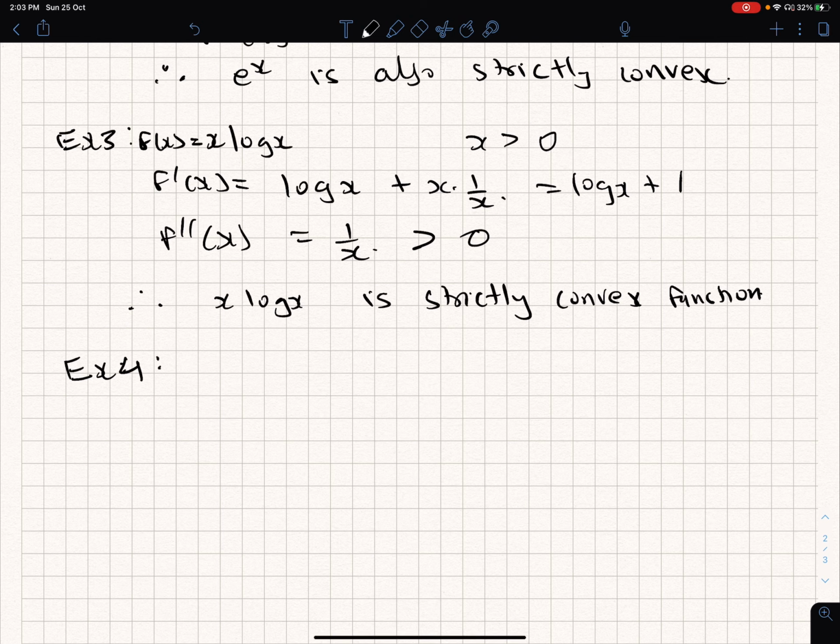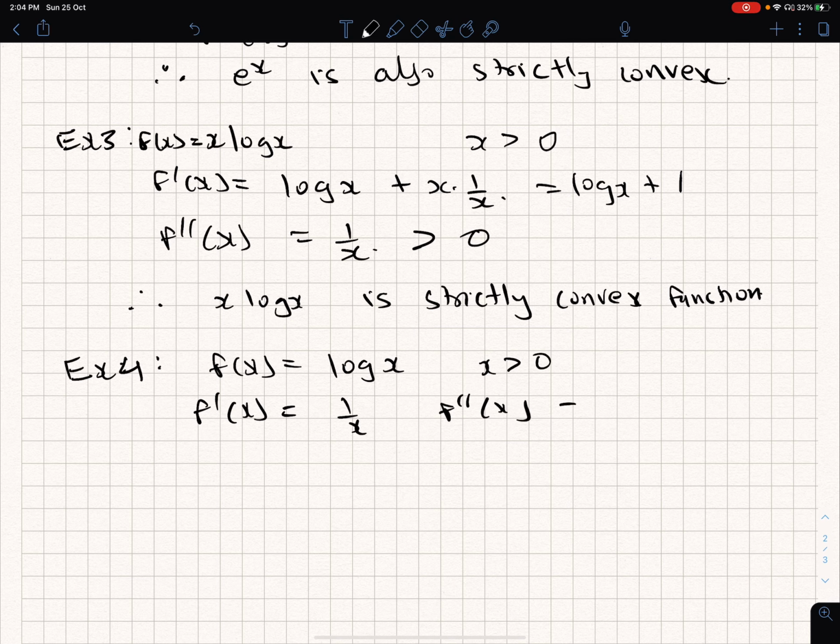Okay. Now, if you look at a function like, say, log of x, then what is f dash of x? 1 by x, x greater than 0. What is f double dash of x? Minus of 1 by x square, which is strictly less than 0. So therefore, what can we say?